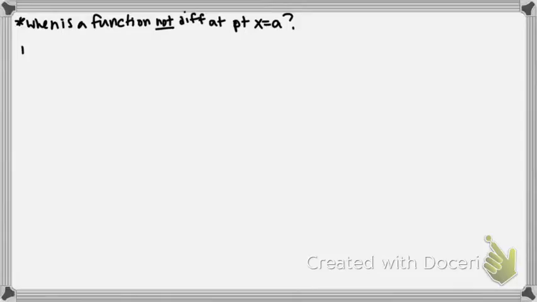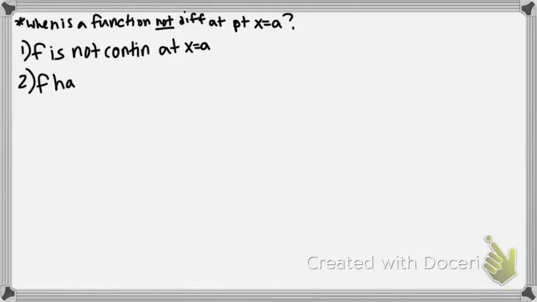Number 1, you are not differentiable if f is not continuous at x equals a. You're not continuous, you're not differentiable. Number 2, if you have a sharp point, two really bad conflicting slopes that are not the same.